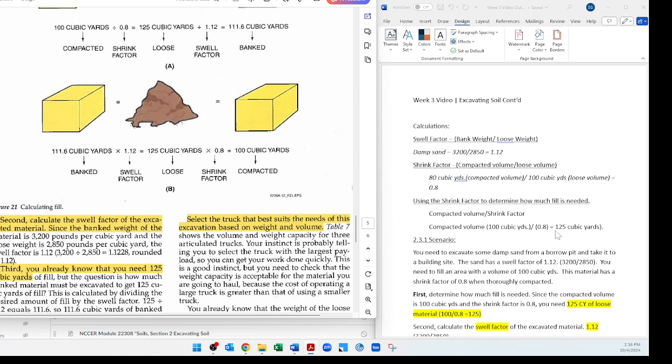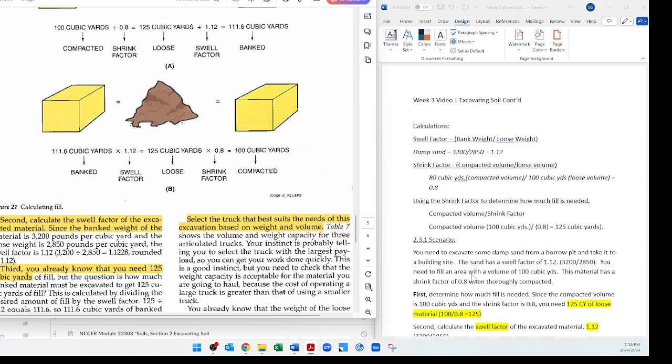So let's go back to the scenario. You need to excavate some damp sand from a borrow pit and take it to a building site. The sand that we're going to excavate, as we found out, has a swell factor of 1.12. And we did that by doing this division of banked divided by loose.